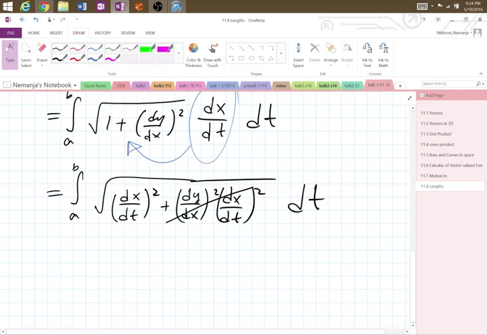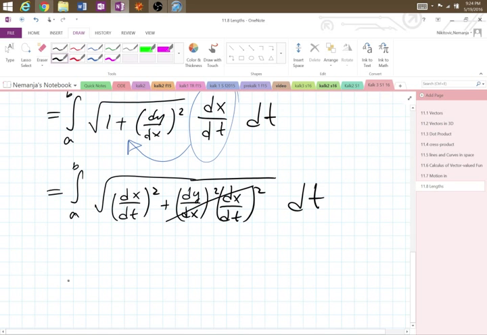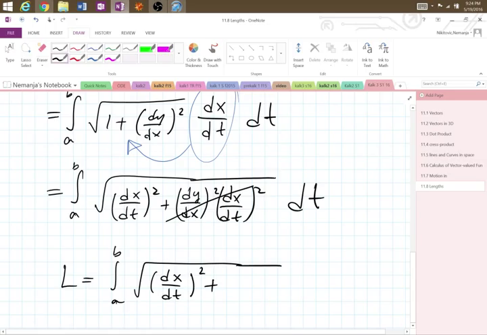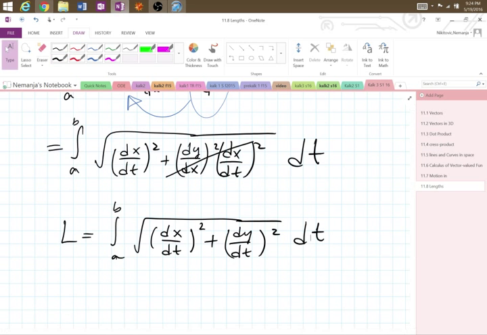The dx's obviously will cancel, and we get L is the integral from a to b of the square root of dx dt squared plus dy dt squared, dt, where a is less than or equal to b.